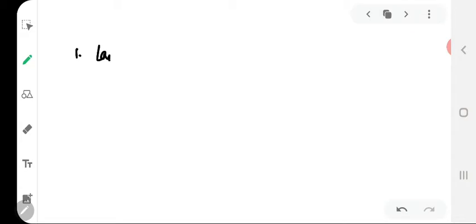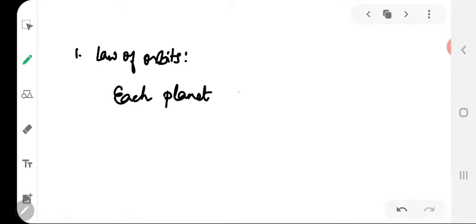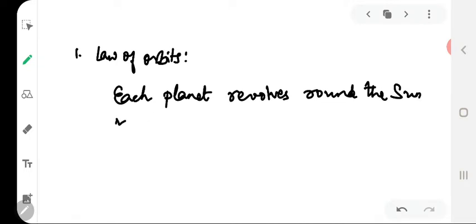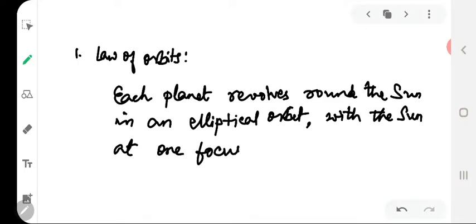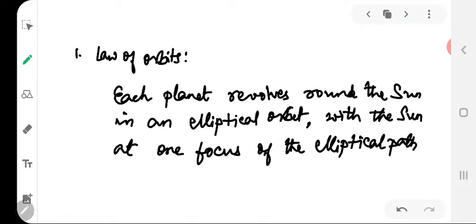The first law is called the law of orbits, according to which each planet revolves around the Sun in an elliptical orbit with the Sun at one focus of the elliptical path.